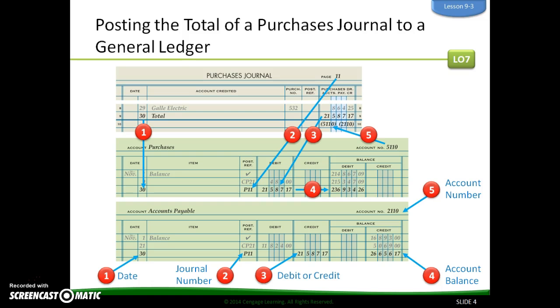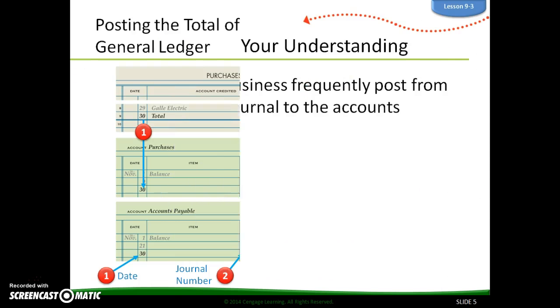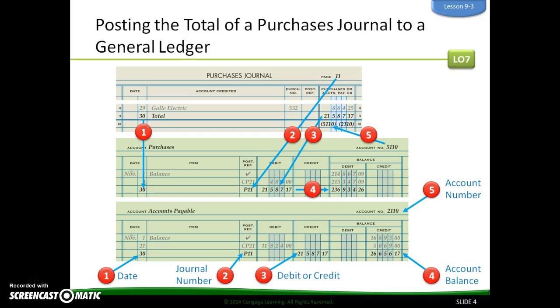All right, don't forget that you need to include the account number for both the purchases account, that 5110, and then also that accounts payable account, and you can see that that number is the 2110.